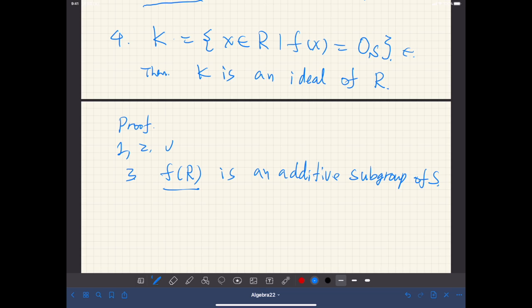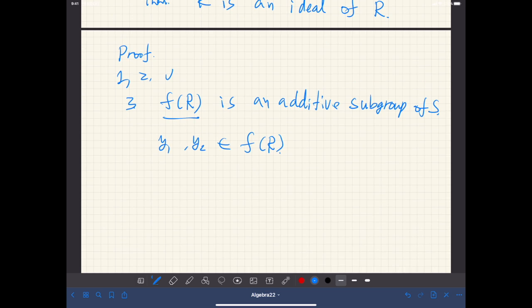So that means if y1 and y2 are elements of f of R, then there exist x1 and x2 in R such that f of x1 is equal to y1 and f of x2 is equal to y2.